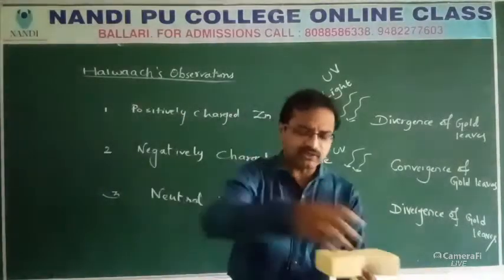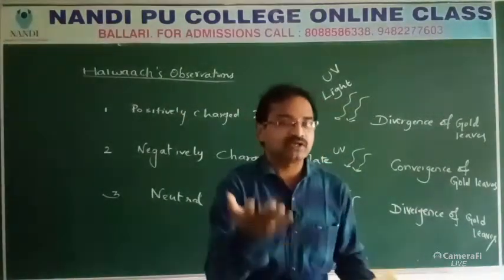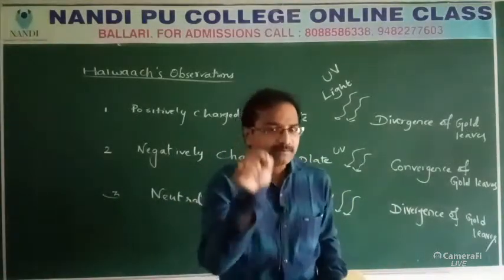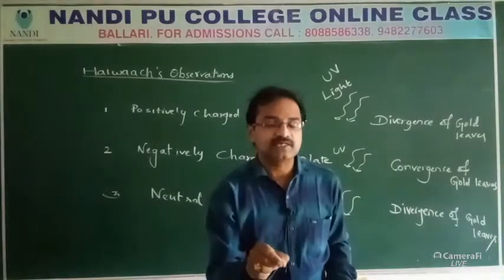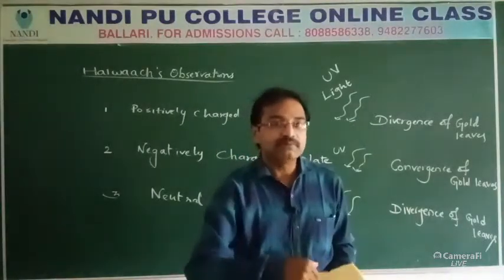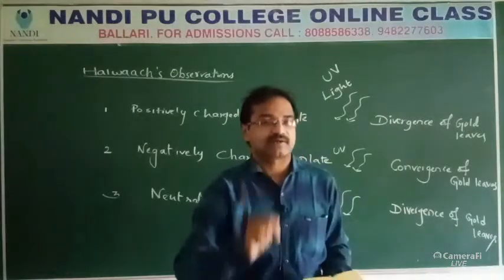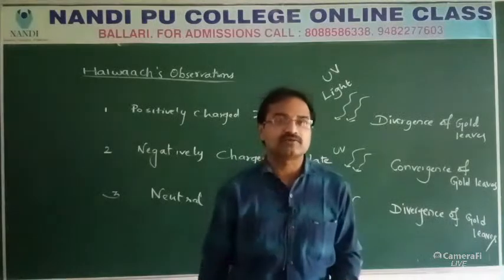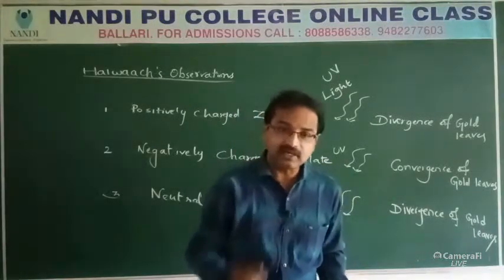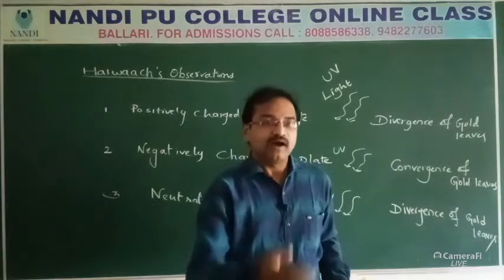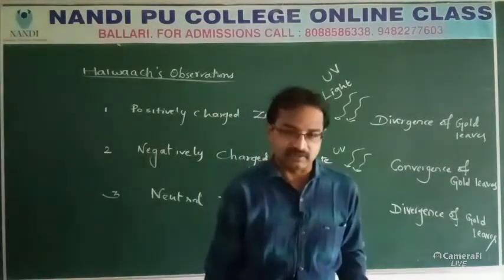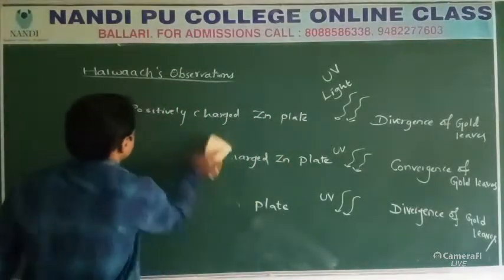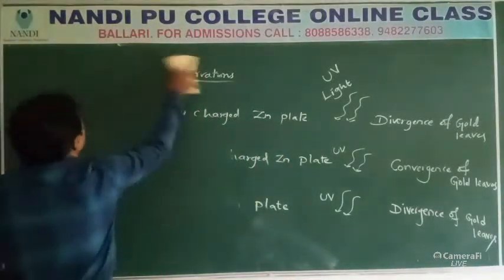Similarly, for all frequencies below a threshold, there is no emission of electrons. There is a particular frequency at which emission of electrons takes place. Below this frequency, no emission of electrons takes place. That was also observed by Hallwachs and Lenard. Okay, children? Yesterday I already explained work function. So what is work function?